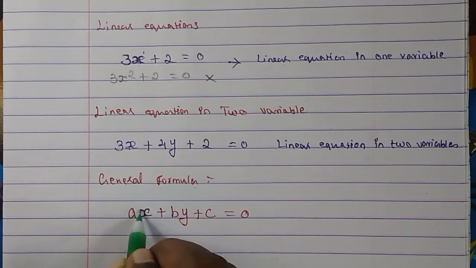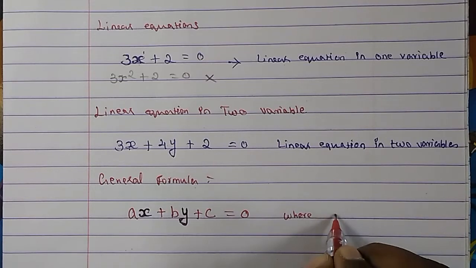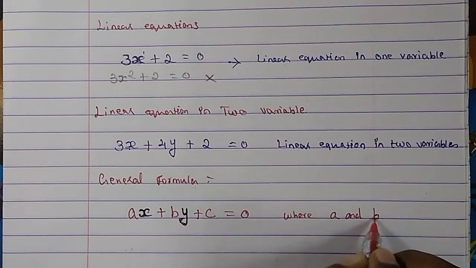We have two variables, the power is 1, so it becomes a linear equation in two variables. Here a, b, c are real numbers, and a and b should not be equal to 0, where a and b not equal to 0.